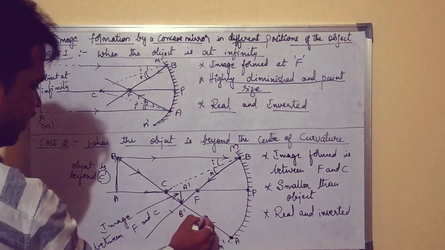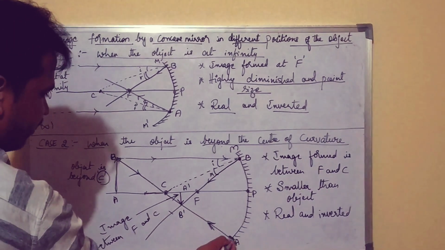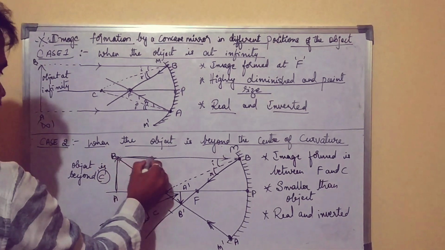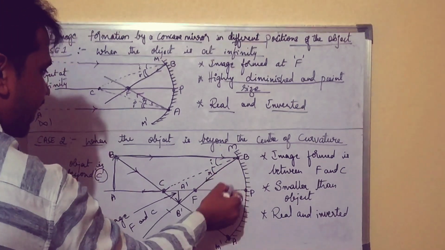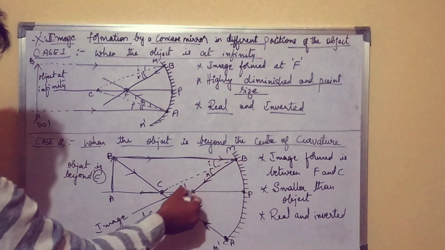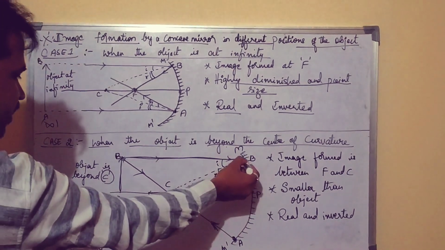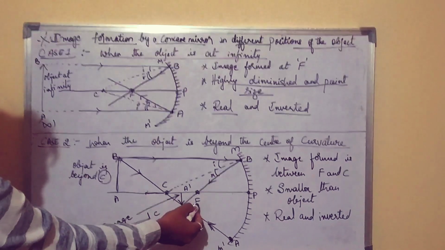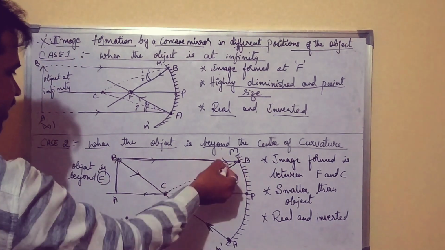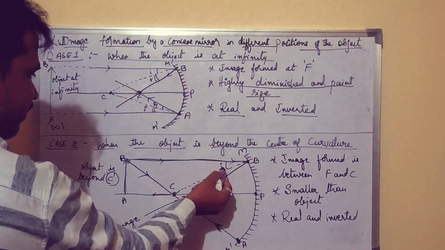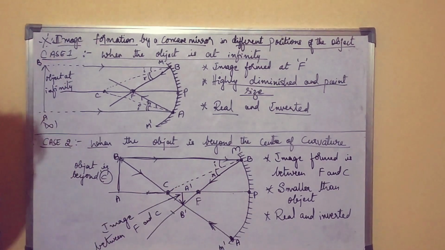This is the reflected ray, retracing the same path. One ray is moving parallel to the principal axis, and of course you expect the reflected ray through the principal focus, that is F. It obeys the law of reflection, that is, angle of incidence equals angle of reflection.